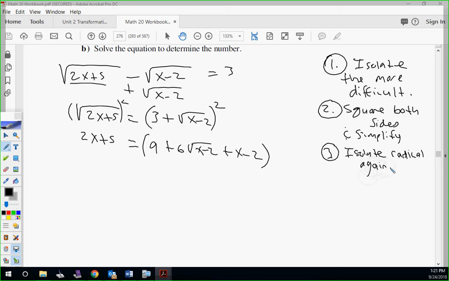Okay, so now we're going to simplify like terms, and we're going to get the radical alone again. So I have 9 minus 2, so it's 2x plus 5 equals 7 plus x plus 6 root x minus 2. I combine the 9 and the 2, the x is just x, and now I'm going to isolate this group again.